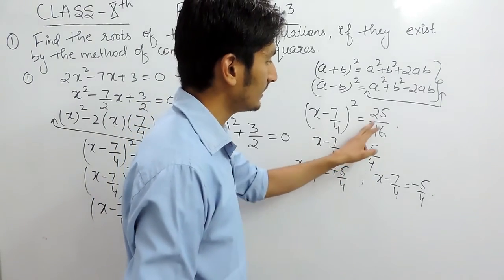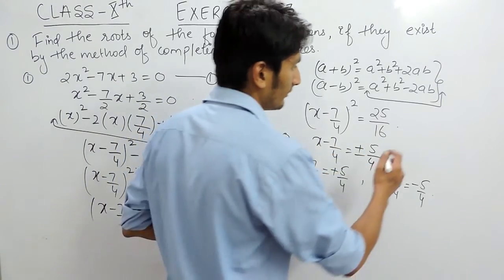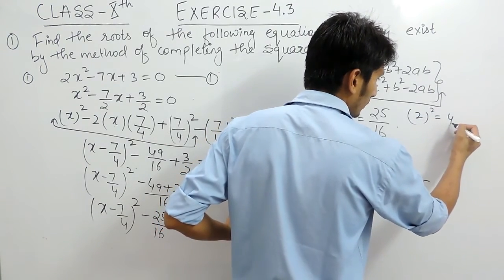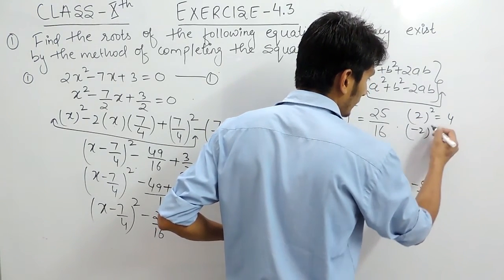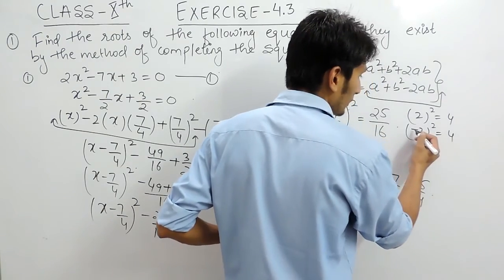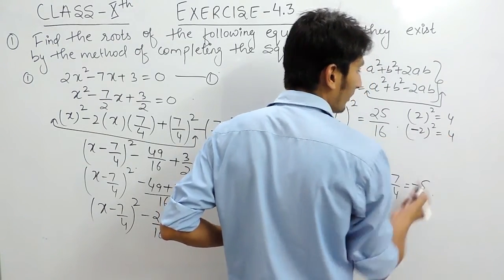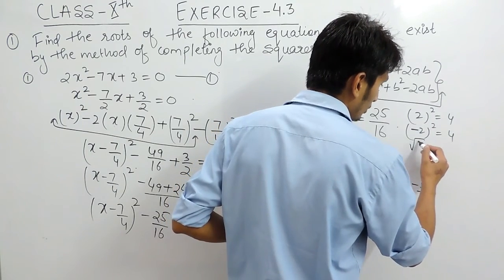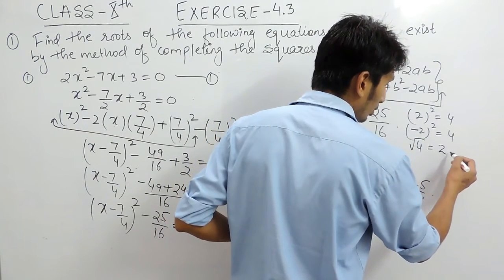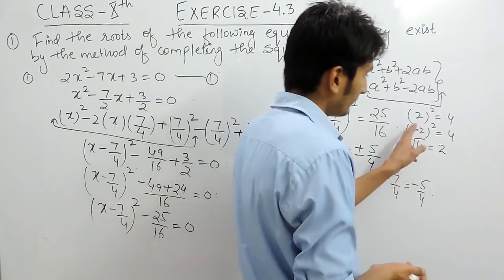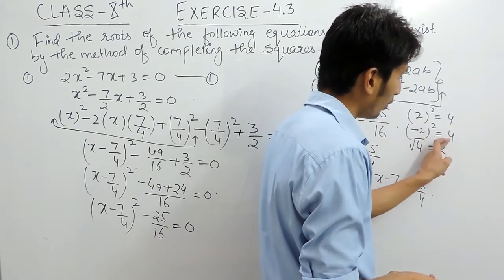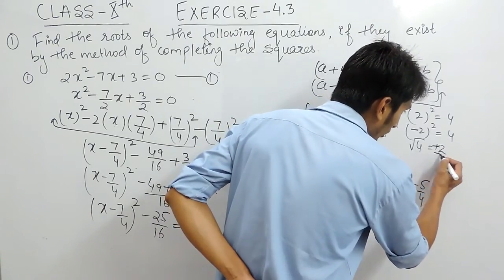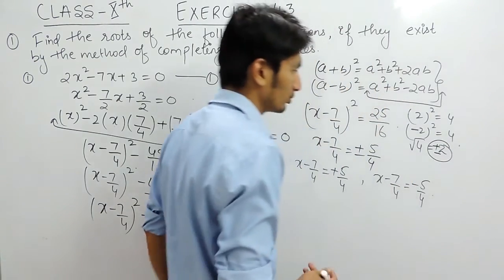This plus minus is because 2 square is 4 and minus 2 square is again 4, because the negative sign disappears when the power is even. So when I say the square root of 4 must be 2, clearly if the square of these two terms is 4, then the square root can be either of these two values.